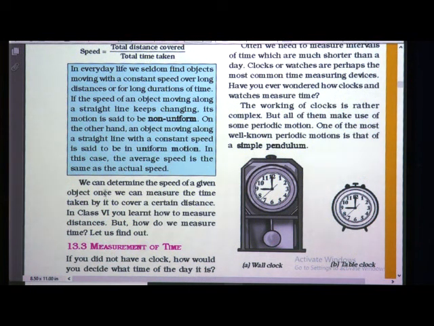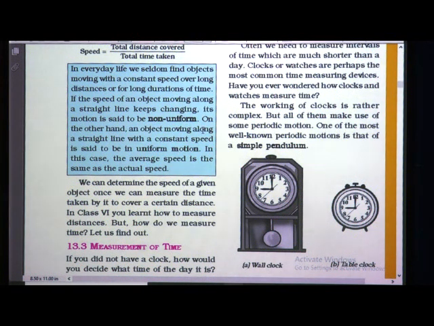So they are keeping their speed constant. It means they cover the exact same distance in a similar duration.